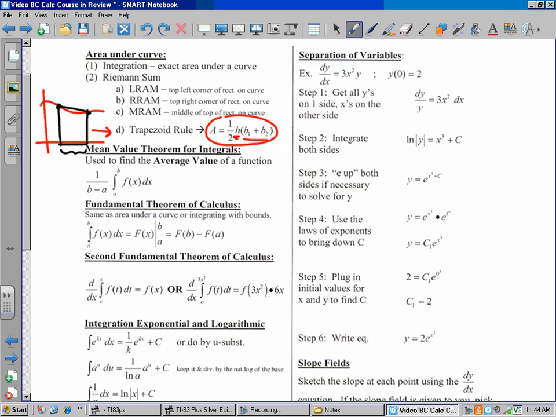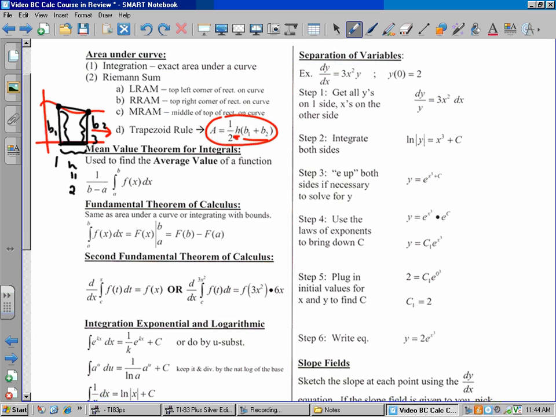The height of the trapezoid would be represented by the width of the interval, and then base 1 and base 2 are actually the y coordinates on the curve. So that's how we find the area of a trapezoid. Half the height happens to be the width of the interval from x equals 1 to x equals 3. The height would be 2 in that case, times b1 plus b2, so whatever that y value is here, added to whatever that y value is.